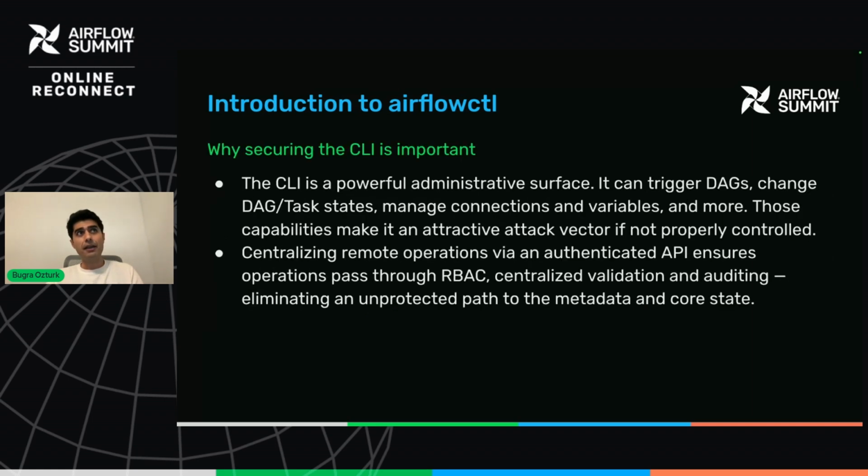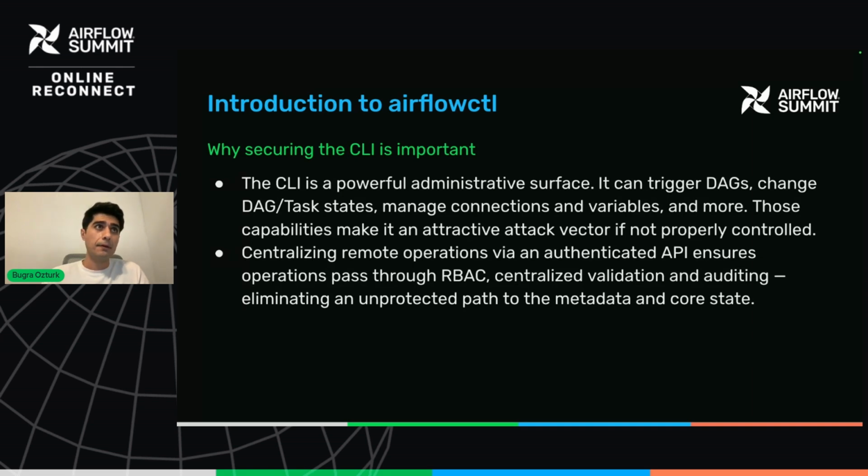Okay, why is securing the CLI important? In the current state, the CLI is directly communicating with the metadata database, and it's a very powerful tool. It can trigger DAGs, change states of the DAGs, and do all those things. And basically, you need a JDBC connection in order to do it.